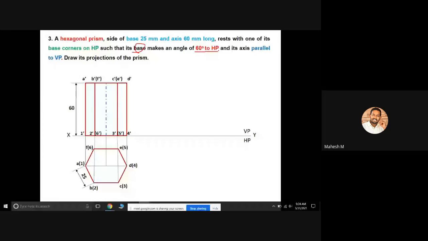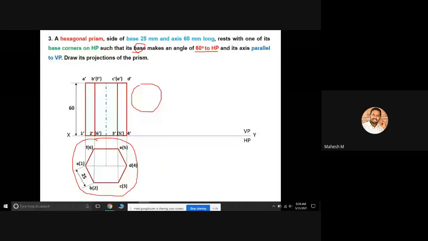If a projection of solid is inclined to HP, the shape of your diagram will come in top view position. If it is inclined to VP, the hexagonal shape comes in front view position. So it is a hint.